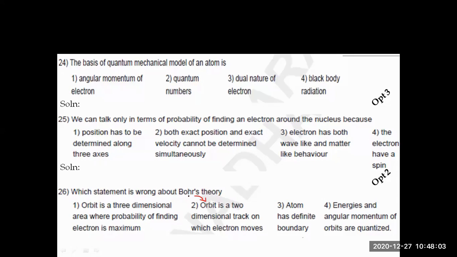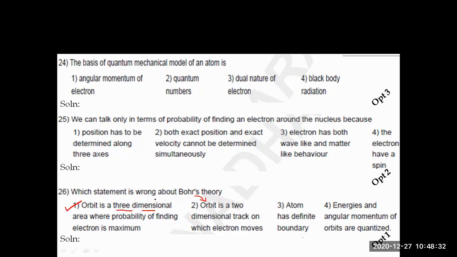According to Bohr, this is what he told. But what was actually not correct according to Bohr's theory is that orbit is never imagined to be a three-dimensional area. Orbit never has been a three-dimensional area as per Bohr's theory. So it is option 1 itself which is wrong.